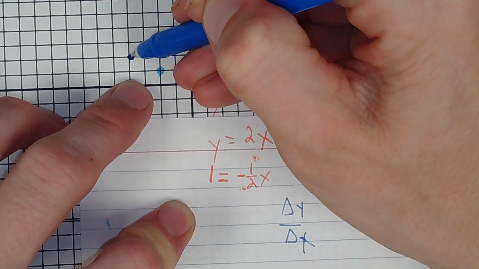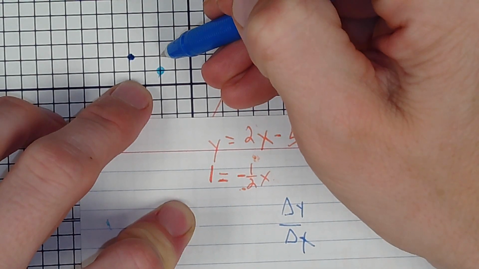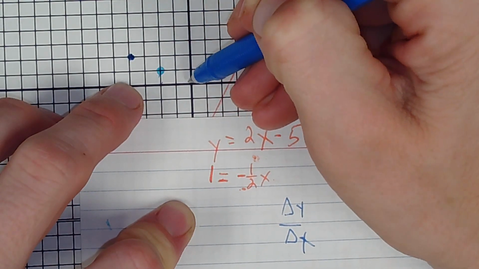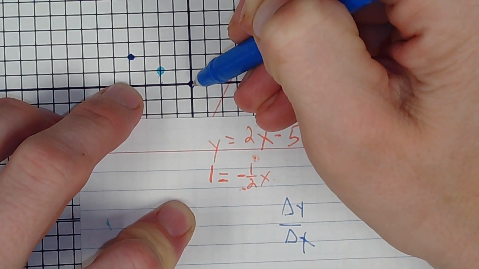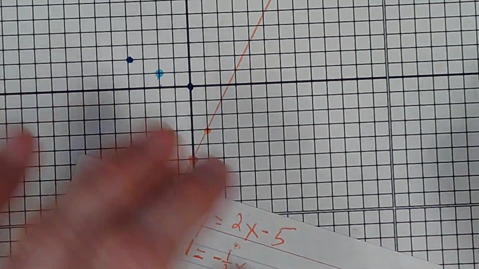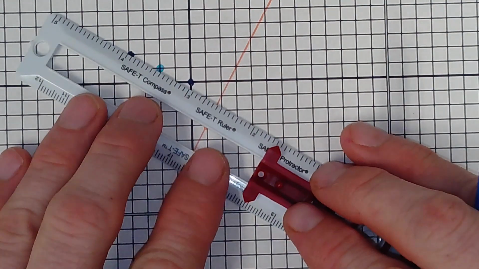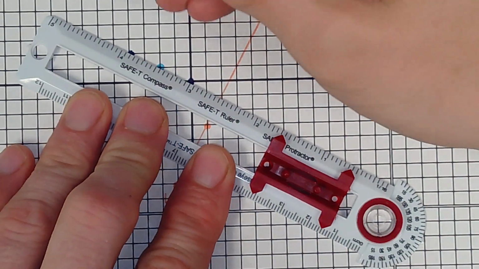And it's going to be the same direction the other way. A change in y of 1 and a change in x of 2, 1, 2. Right there on the origin, look at that. From there, I can plot my perpendicular line.